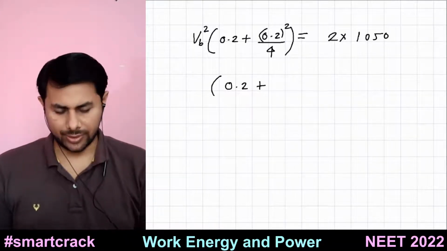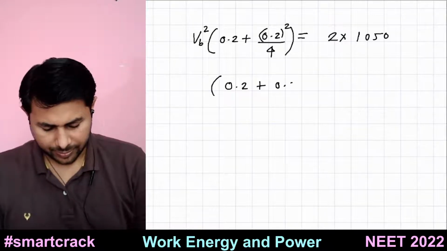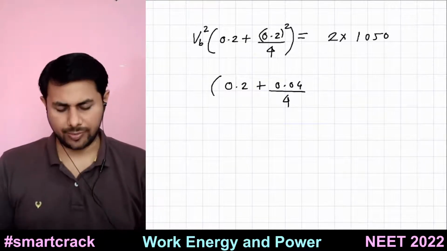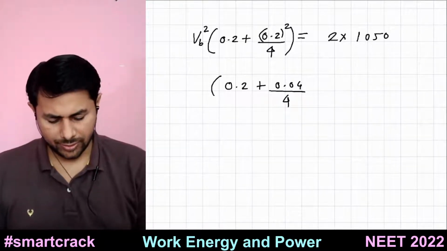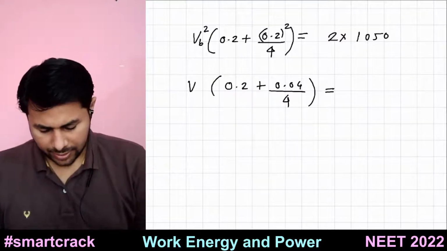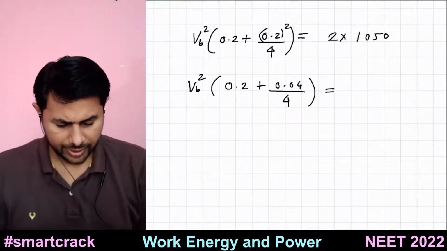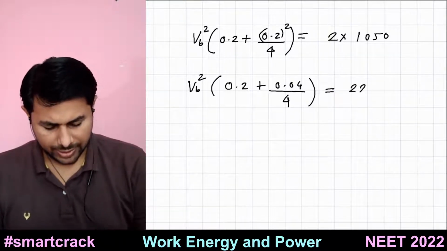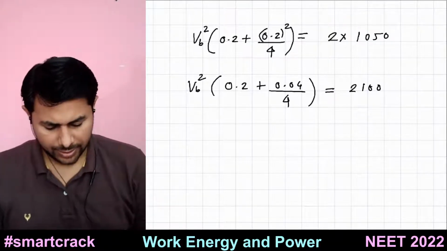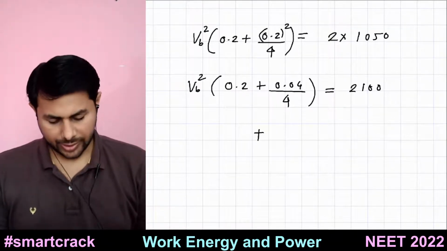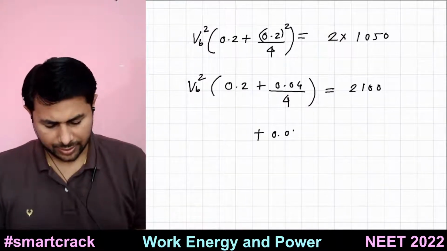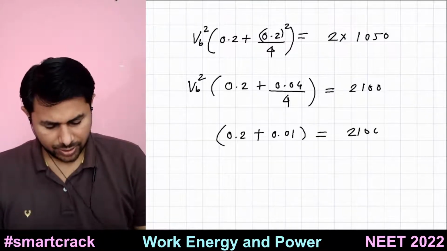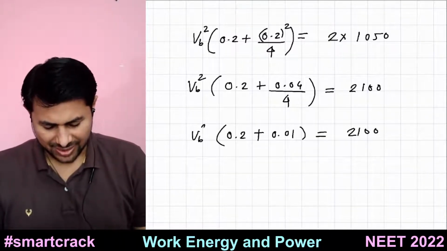It will be 0.04, and 0.04 divided by 4 will be 0.01. And 1050 multiplied by 2 will be 2100. There will be some simplification, vb square.